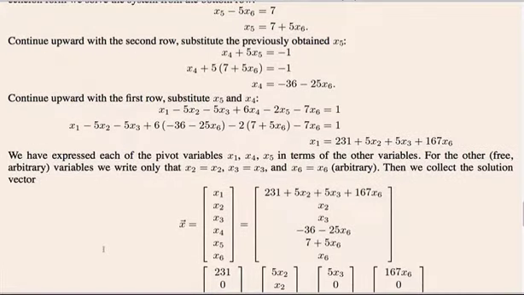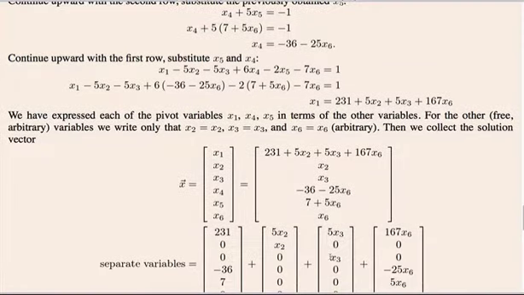There is no restriction on them. Then we collect the solution vector into a big 6 vector with the components. The pivot variables are replaced with their formula, and those are x1, x4 and x5, and then the other variables that are non-pivot variables are left as their own. x2 is x2, x3 is x3, x6 is x6.